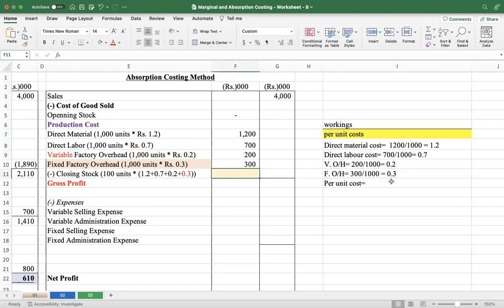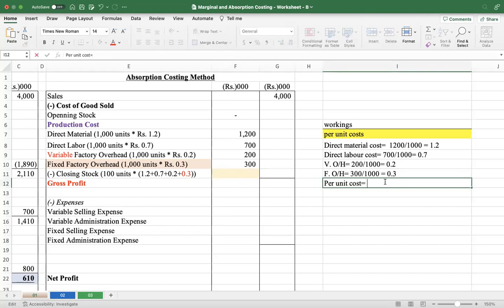Right? Now, we know per unit values of all these production costs. Right? Now, let's get the total per unit value. 1.2 plus 0.7 plus 0.2 plus 0.3. That will give you 2.4.